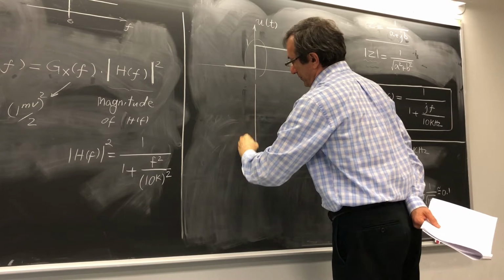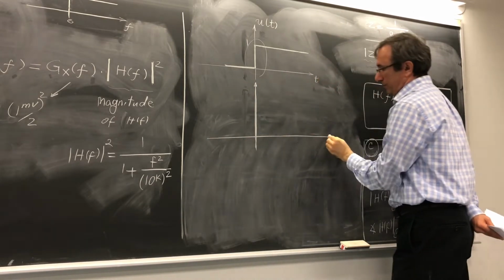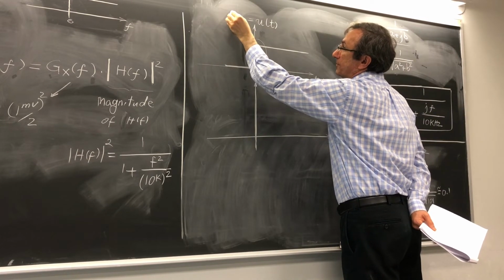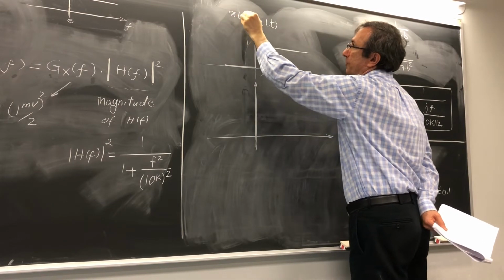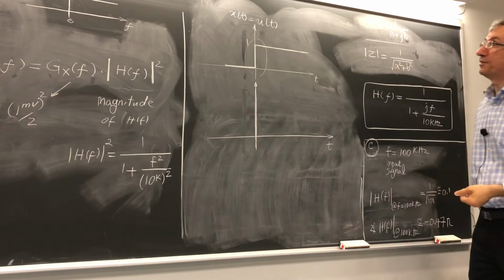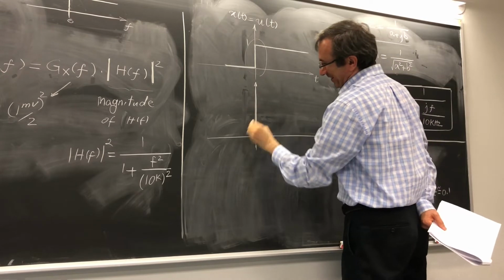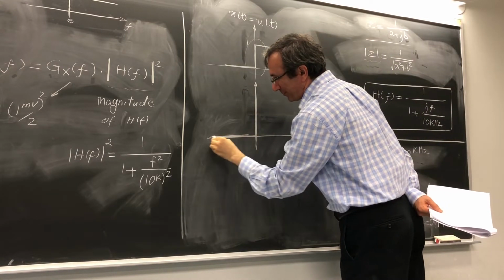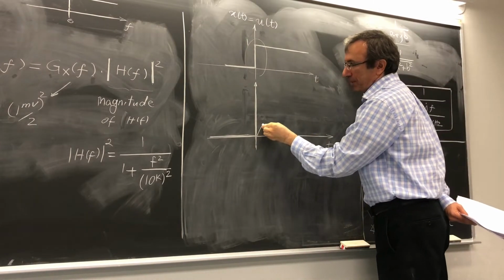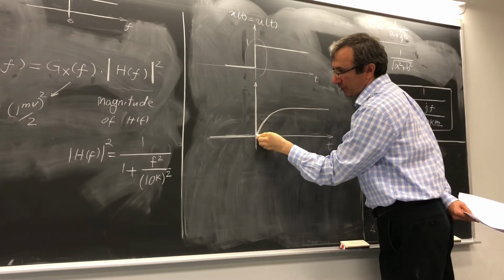For instance, suppose that this u of t is the input. Suppose that we've got a first order filter or system. The output we expect is something like this, right?